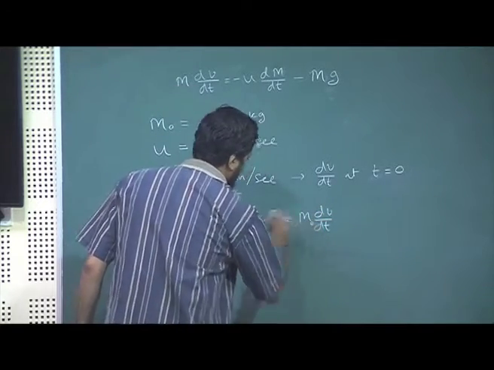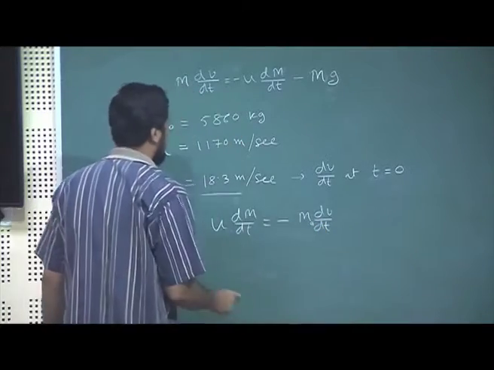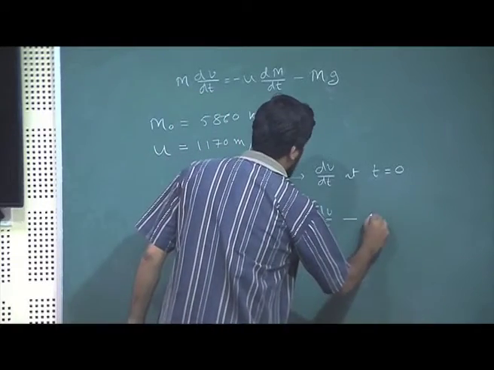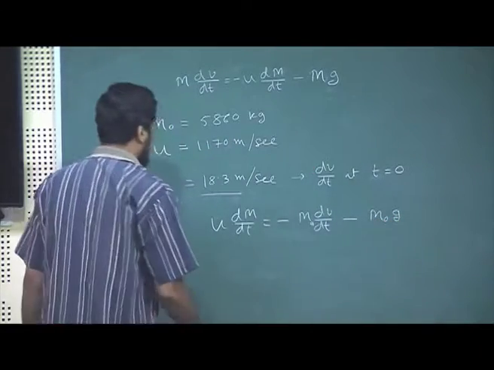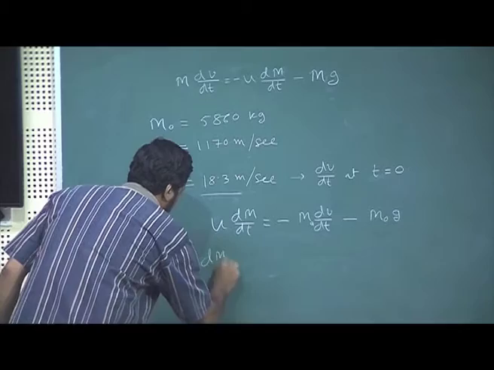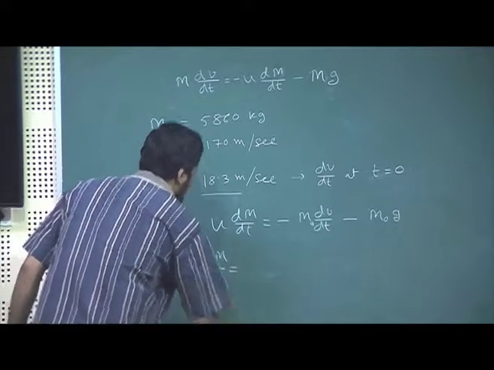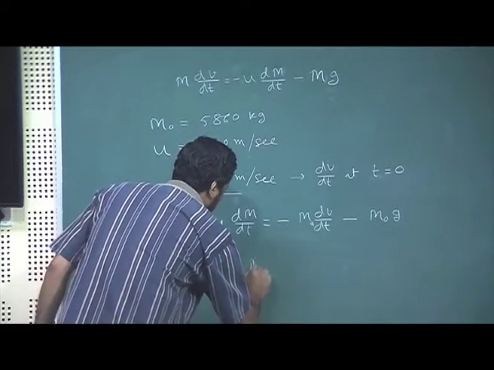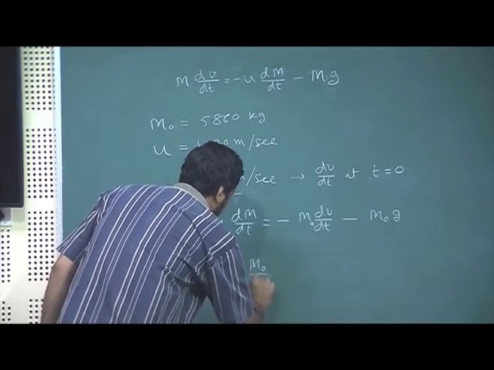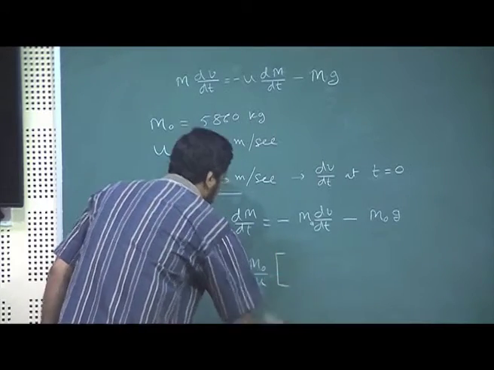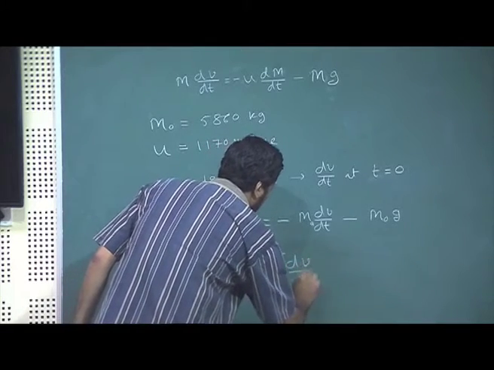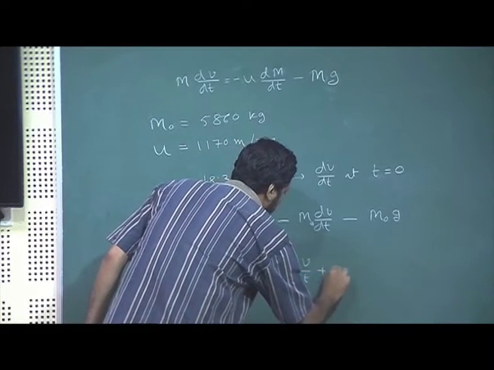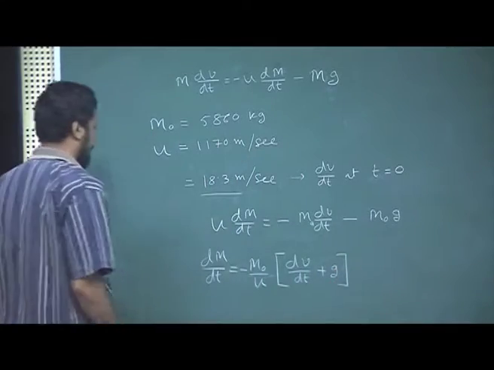We will put m0 here because we are calculating at t equal to 0, minus m0 g, okay, or dm dt is equal to m0 by u times, there is a minus sign here, okay, right.